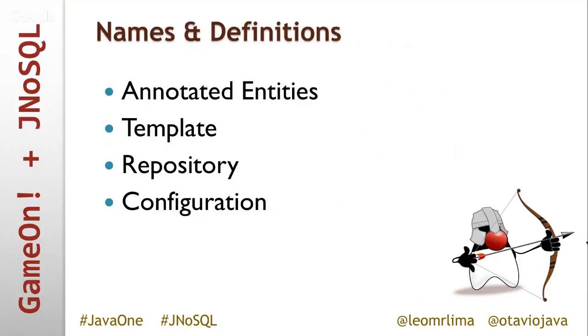So we're trying to do everything as standard as possible, and trying not to reinvent the wheel and to go over the good things that we have in the community already. So we have annotated entities. We work with templates, repository, and configuration, pretty much the way other projects work, like DeltaSpike and, as I said, TinkerPop.